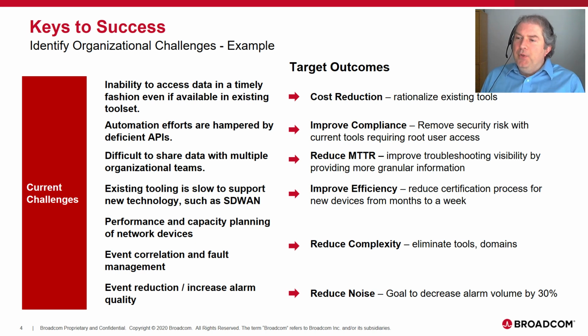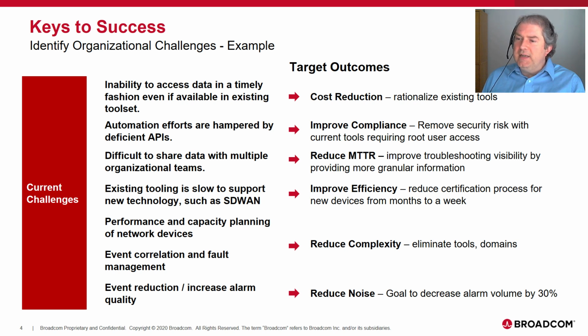This is an example from a recent customer engagement that I've had, looking at some of the current challenges and some of the target outcomes that they wanted to achieve. You see here, it's not product feature sets. It's not about we need this report, this widget. It's all about high-level features, right? We need to be able to share data with teams.